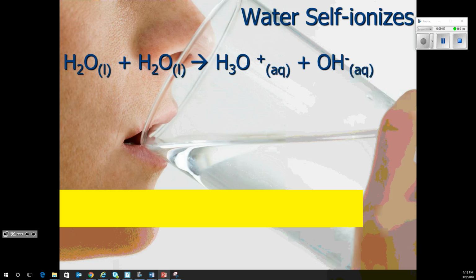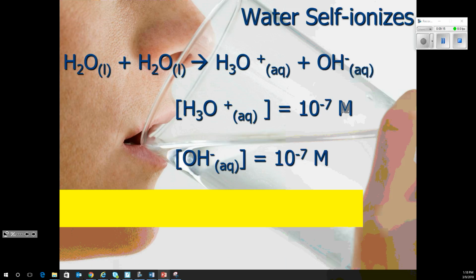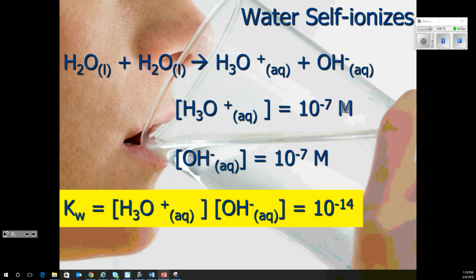So I would cancel out the liquids on this side, and since it's products over reactants, it would just be the concentration of hydrogen or hydronium ion and hydroxide ion. The hydronium ion and the hydroxide ion are the same at neutral. So at neutral, we have 10 to the minus 7 molar of both the hydronium ion and the hydroxide ion present in distilled water.